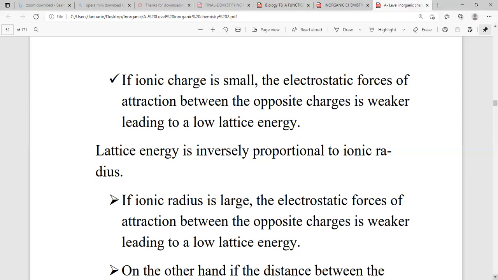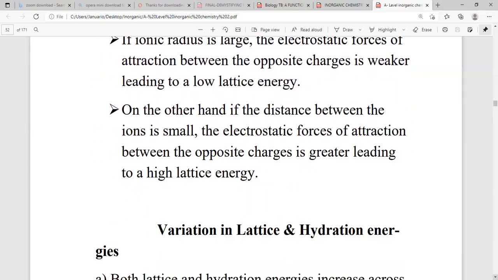There won't be a strong attraction for the bonding electrons towards the nucleus. And if the distance between the ions is small, then the electrostatic forces of attraction between the opposite charges are greater, which leads to a high lattice energy.